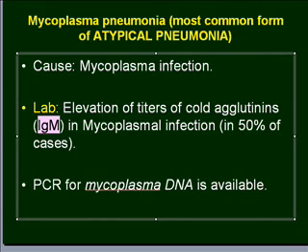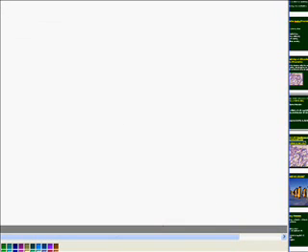Now I want you to look at the picture so that we can understand how this immunoglobulin works and why it is known as cold agglutinin. So this is an IgM molecule, which is a very big molecule. Now since it is very big, what happens? If the molecule is present in the serum, it will cause agglutination.